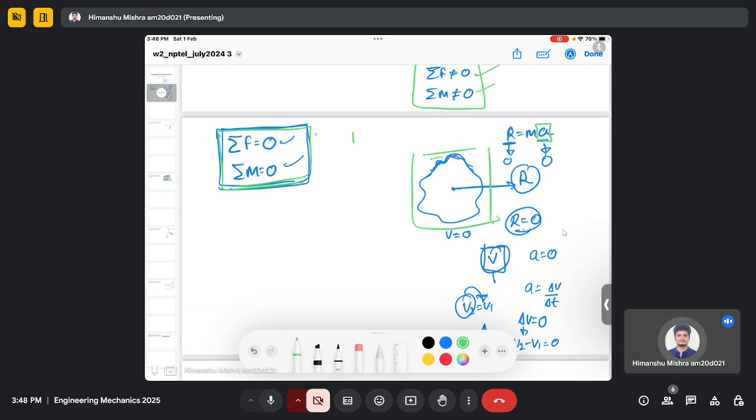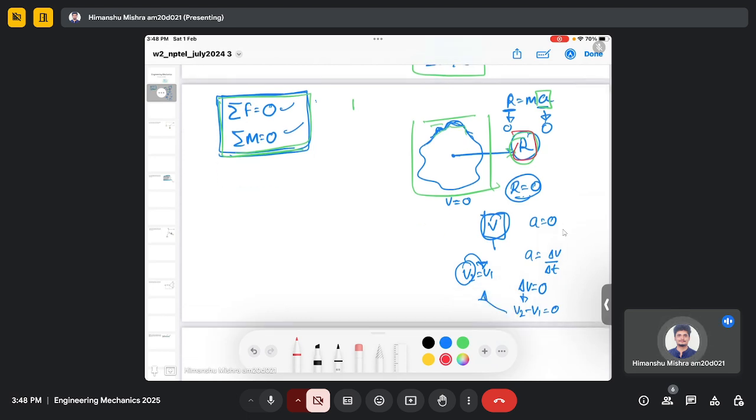So basically what happens is this body feels force R due to which it accelerates. But if the resultant force is 0, the body will not accelerate. There can be many different forces acting on the body, and these different kinds of forces can be captured by the summation of forces.